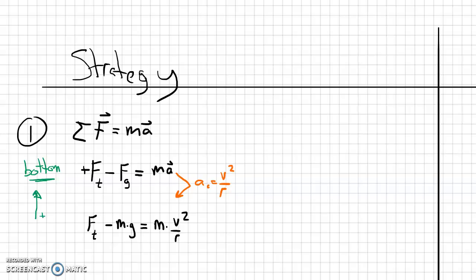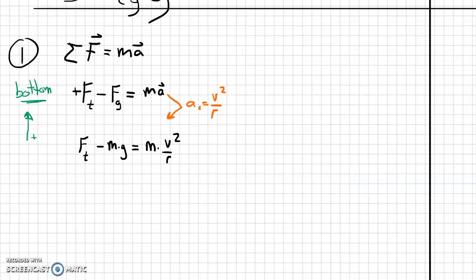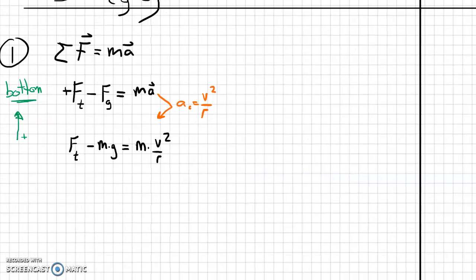When I solve for Ft, I'm going to end up with Ft equals m times v squared over r plus, since I'm bringing it to the other side, m times g.